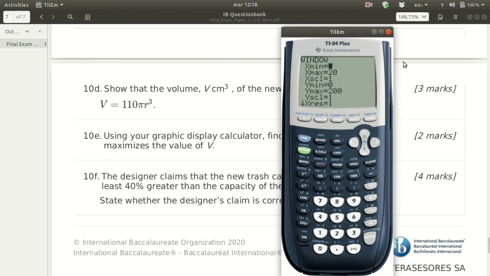Okay, so I'm not seeing a maximum, so let's try 50 and 500. So this is the problem with this calculator method.